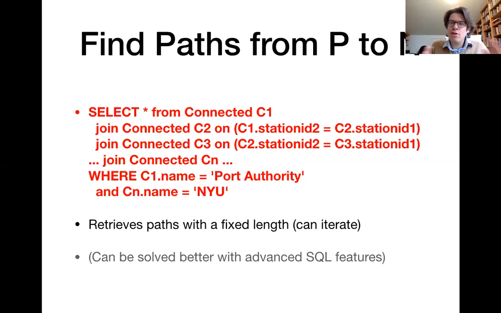Maybe initially I don't know how long the path can be, so I could just iterate and take the union over this query with a different number of connections tables, right? So this is what I could do. Are there any questions about this representation here?